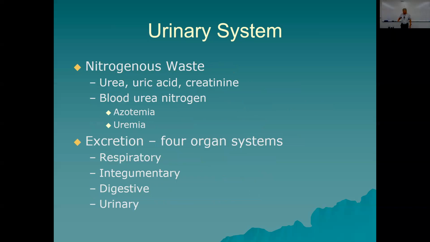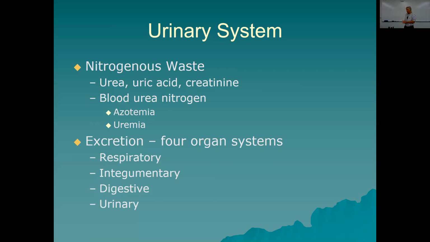Let's get back to the first. Like I said, what most people think of when they think of the kidneys, nitrogenous waste excretion. And there's different types of nitrogenous waste. The most prevalent type is called urea, and it comes from the breakdown of amino acids.